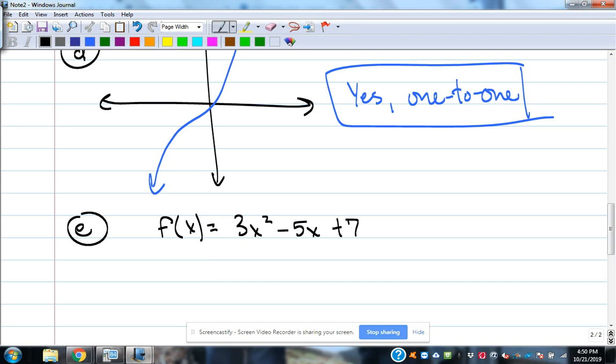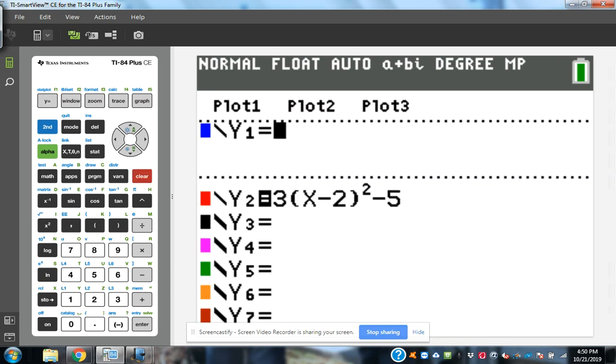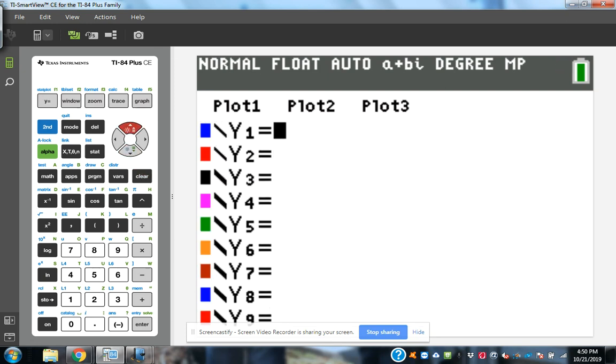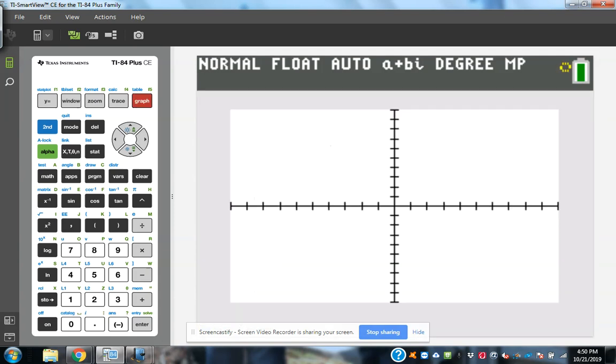Graph it. Yeah, that's absolutely the best way to do that. So I'm going to go to y equals, and enter 3x squared minus 5x plus 7, and hit graph. Oh, we see a parabola.